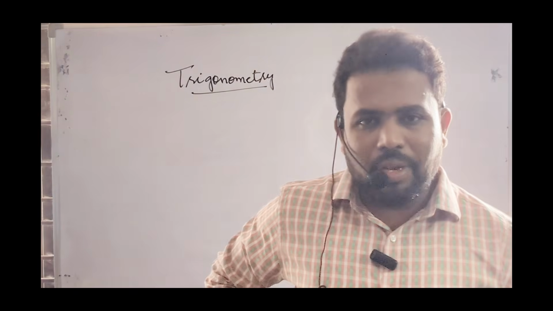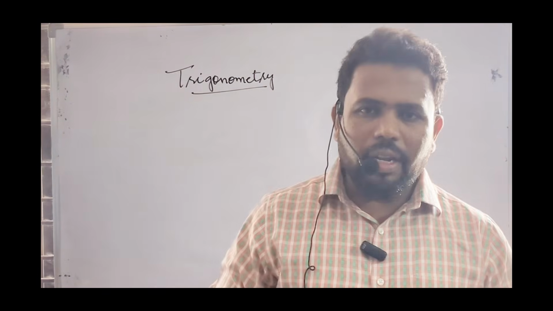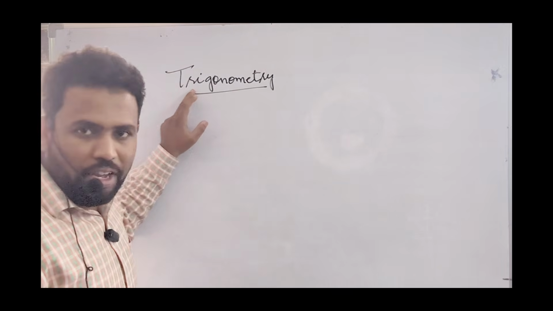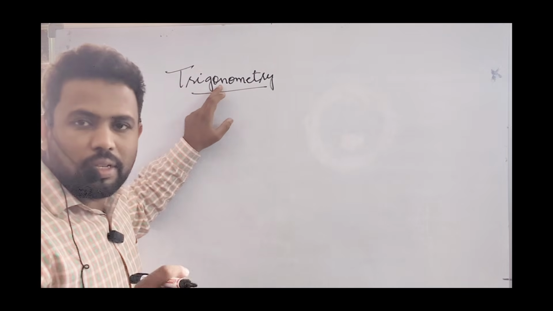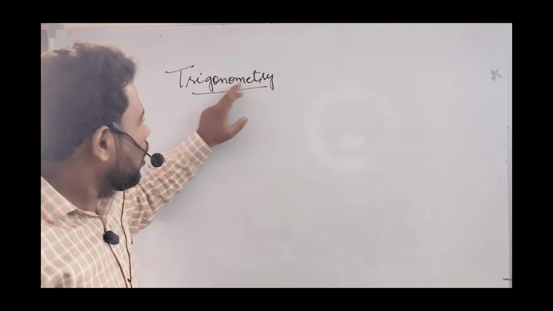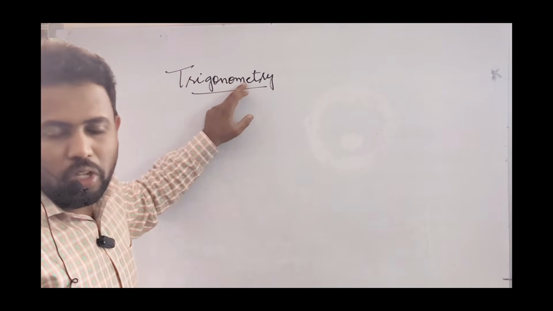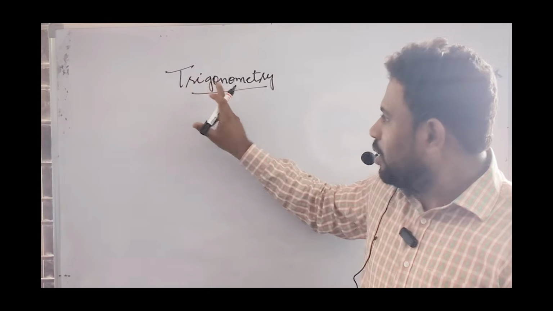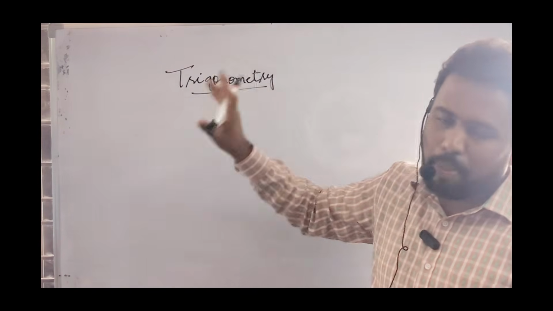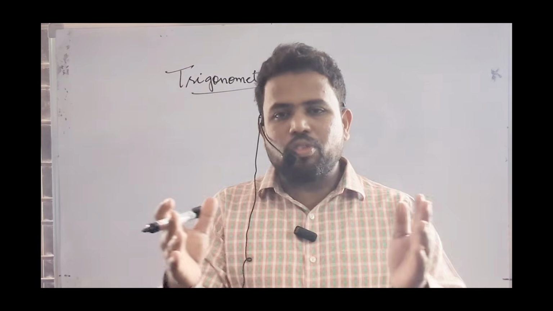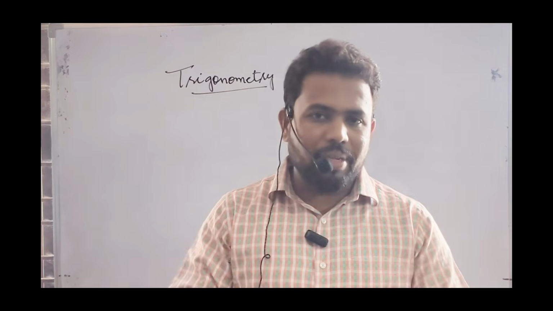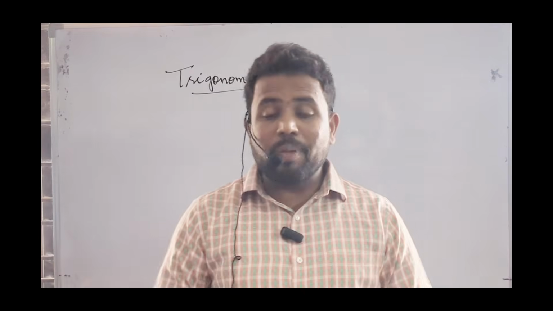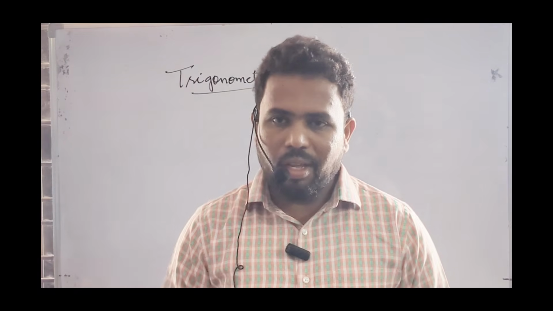In trigonometry, tri stands for 3, gono is an angle, metry is measurement. If we combine these 3 words, it becomes 3-angle measurement.